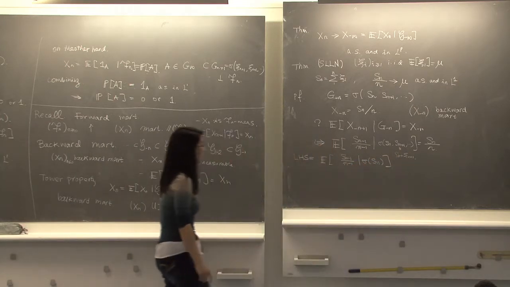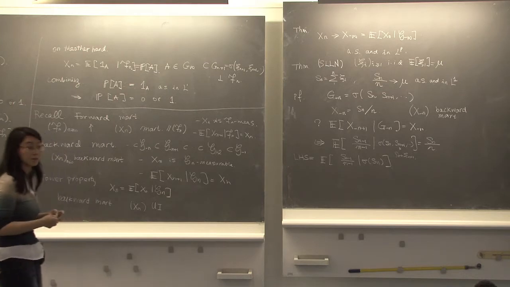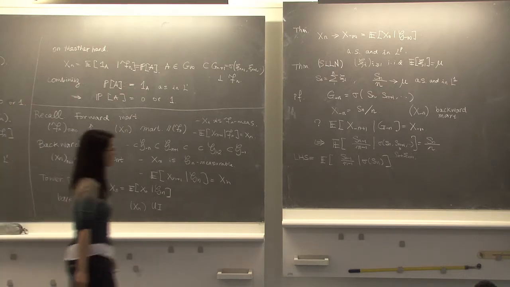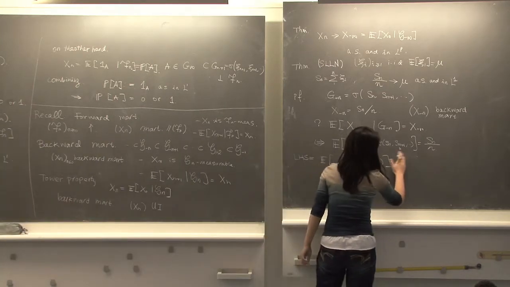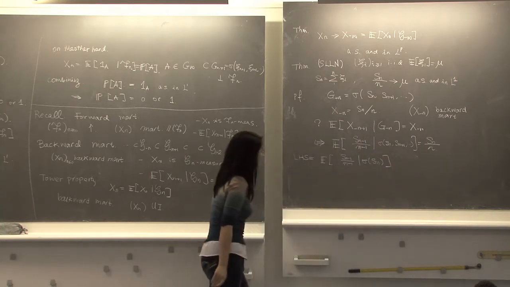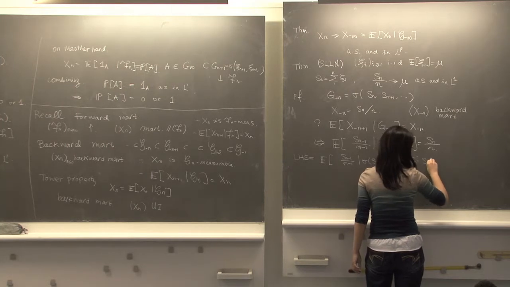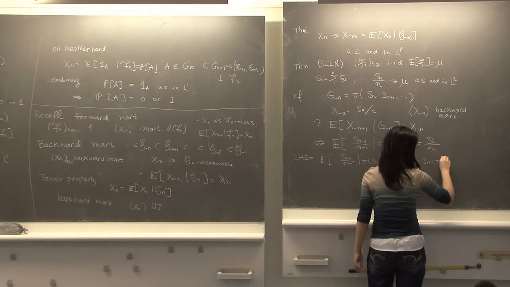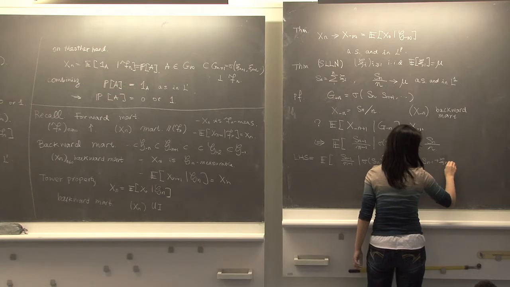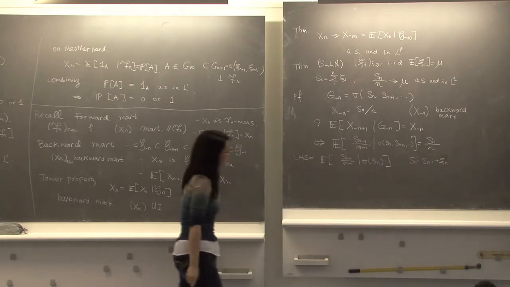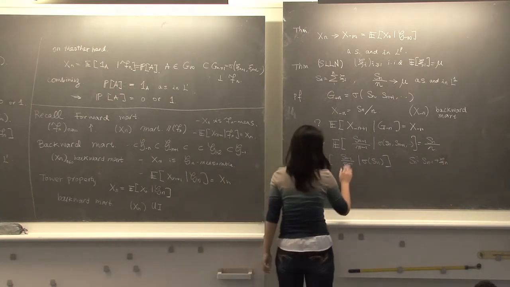Now, what's the relation between Sn minus 1 and Sn? Sn is Sn minus 1 plus xi n, so Sn minus 1 is Sn minus xi n.